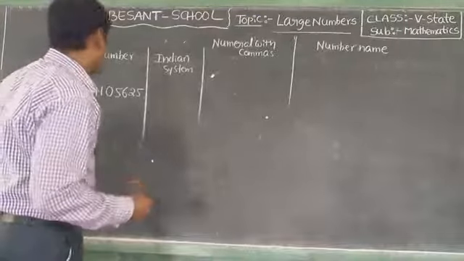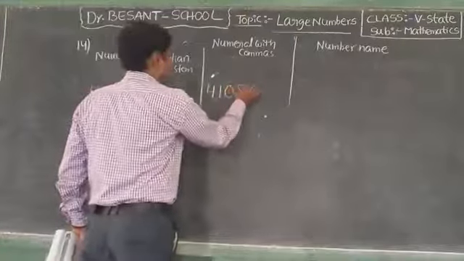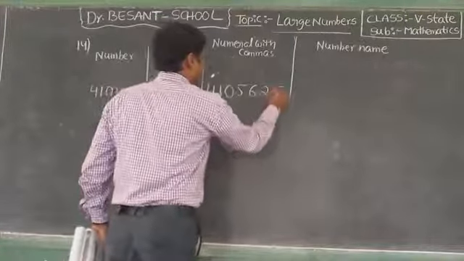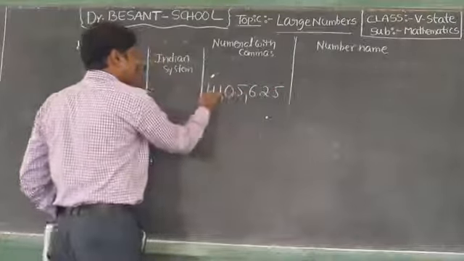Numeral with commas: 4105625. 1 to 10 to 100, 1000, 10,000, lakh to 10 lakh.